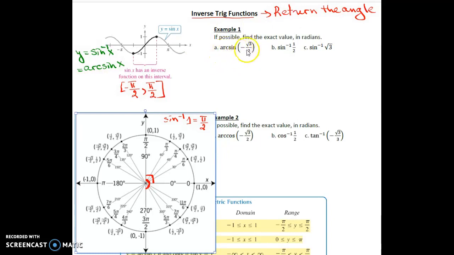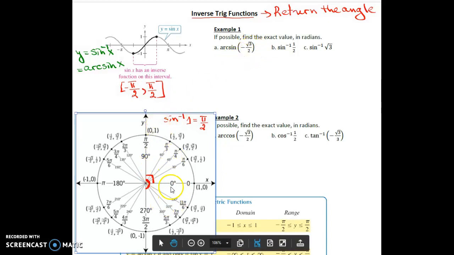Okay, let's take a look at an example. Arc sine of negative square root of 3 over 2. What that really means is, what is the angle when the sine is equal to negative square root of 3 over 2? We're just looking at these two quadrants, the right part of our unit circle, and the y-coordinate is equal to negative square root of 3 over 2 down here.